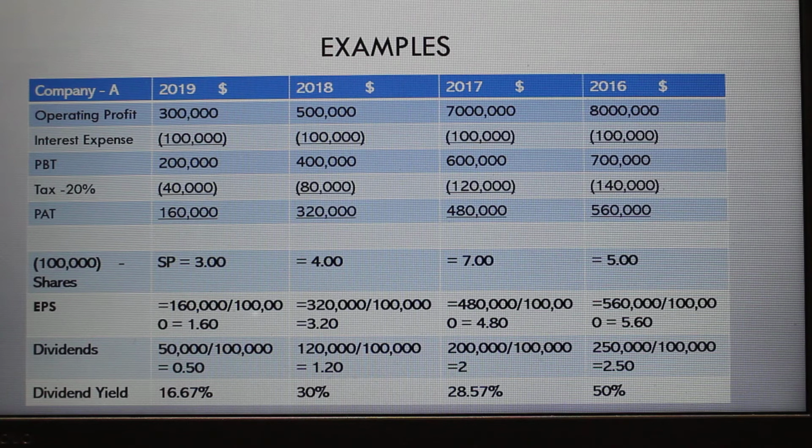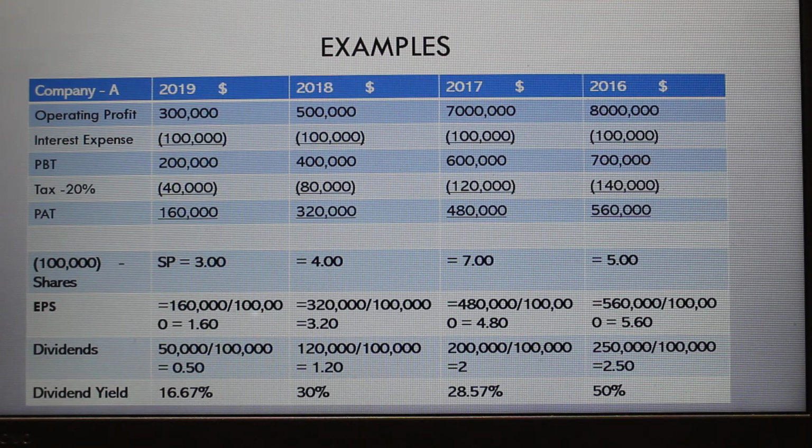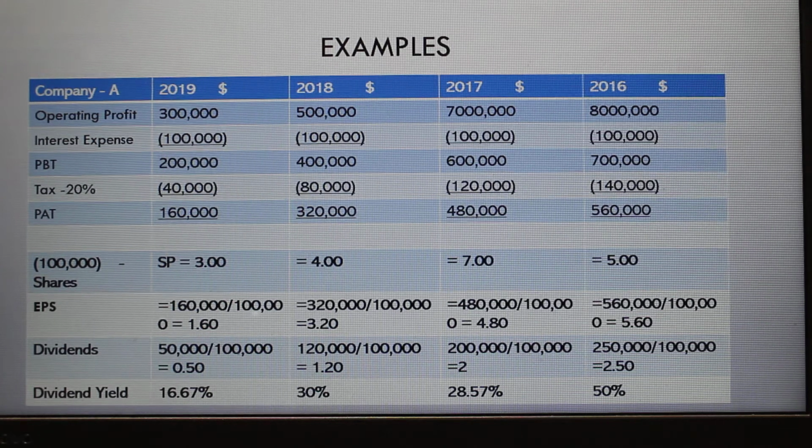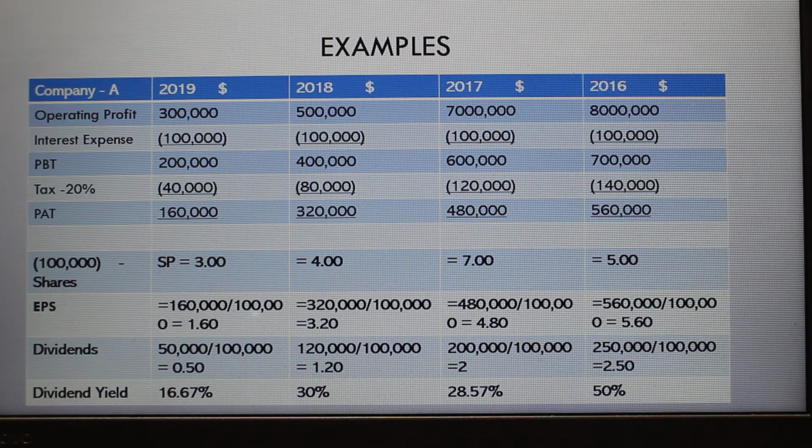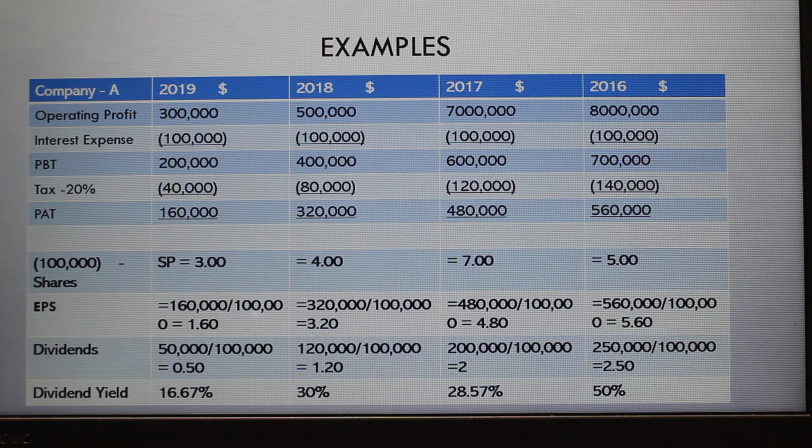We also need to look at the fact that when the share price falls and the dividend has increased steadily over the period, the yield actually increases as well, and therefore that's very good for shareholders. Now, if you were to buy a share in 2017 for $7 and the share fell to $5, you would have lost value in terms of the share price.